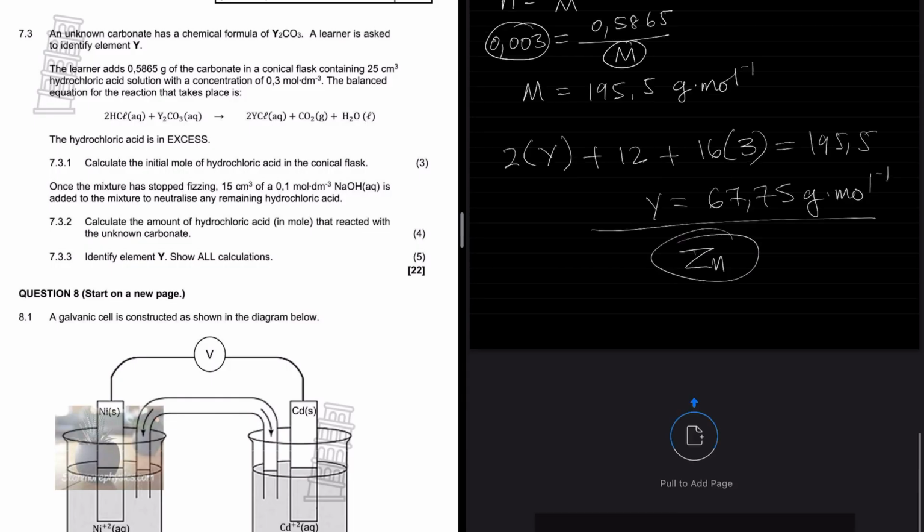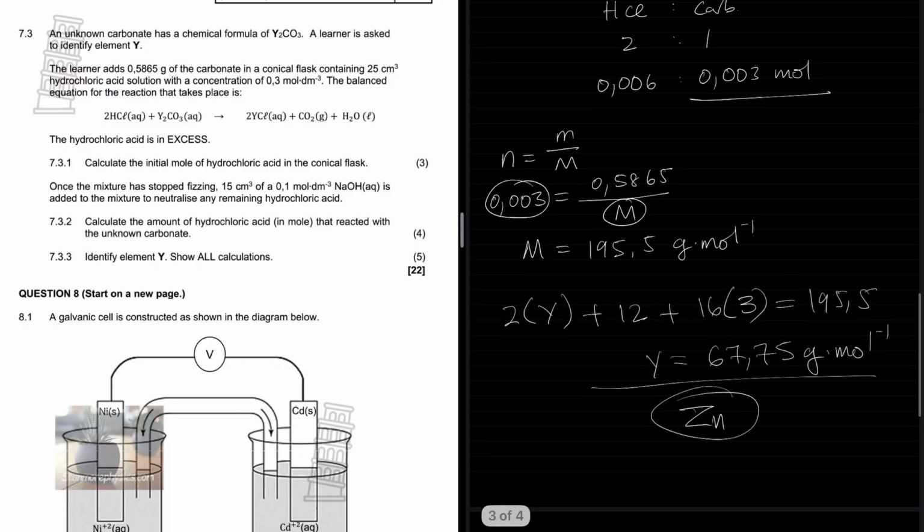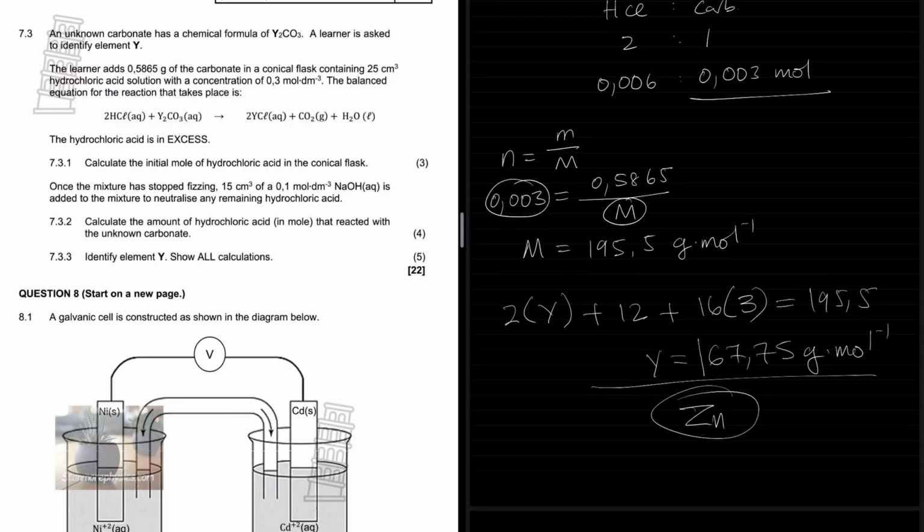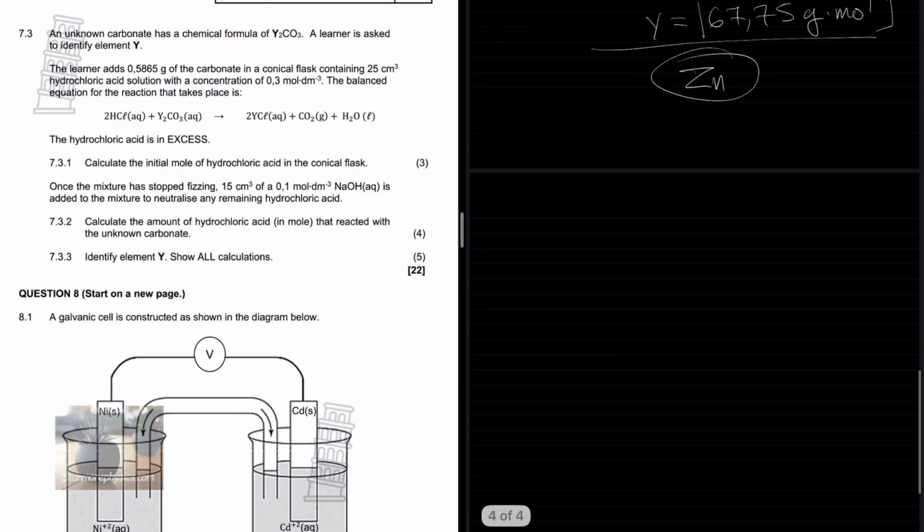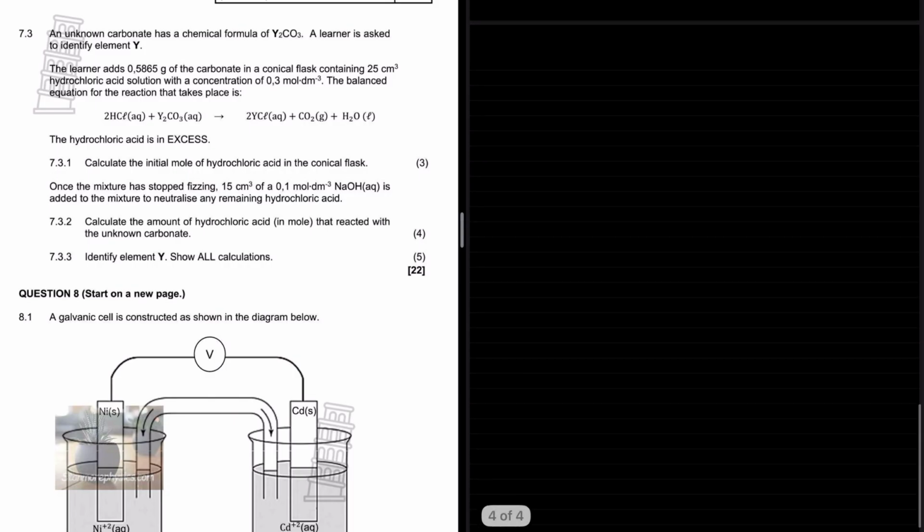So zinc is an option. So how else could we do it? Because sometimes you look at this and you think, okay, maybe you've done something wrong. So another option, and this is not going to be the most correct answer because we're going to be doing some rounding off, and if we do rounding off, then you'll see that we will get an exact element.